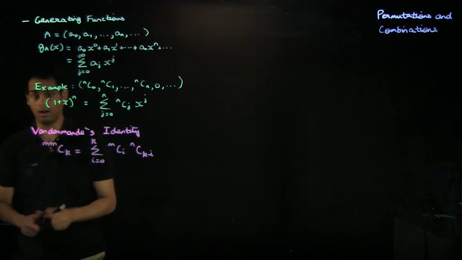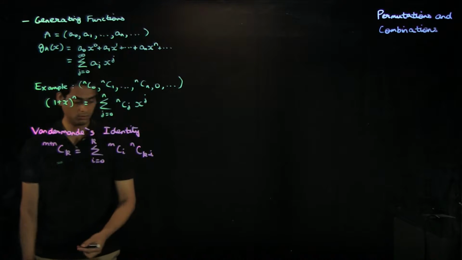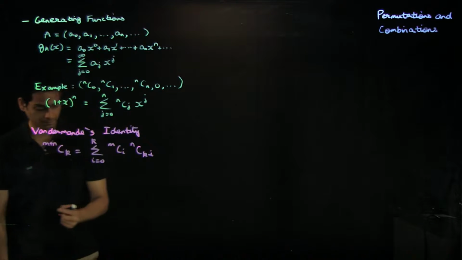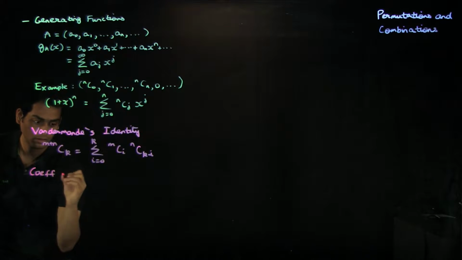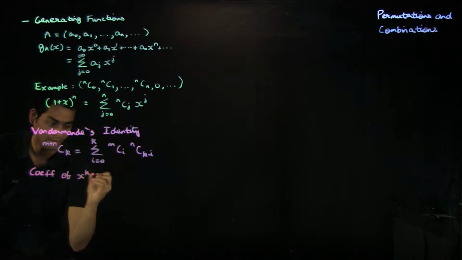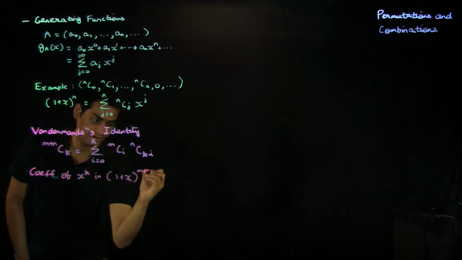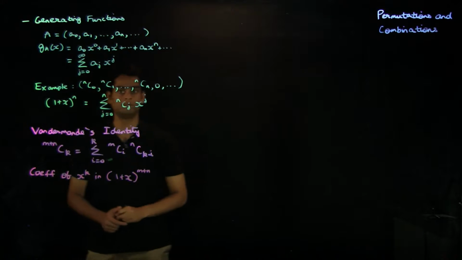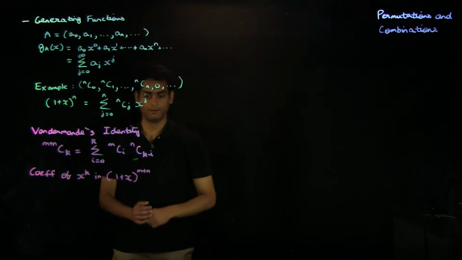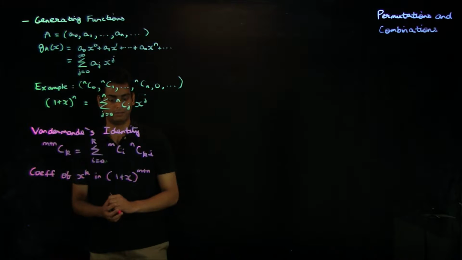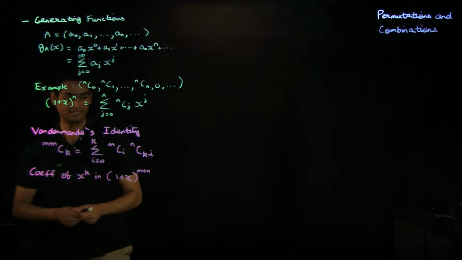So let's look at a generating function which will help you read this off. m plus n choose k is nothing but the coefficient of x power k in 1 plus x the whole power m plus n, and so that's how you can get the left hand side of this equation.